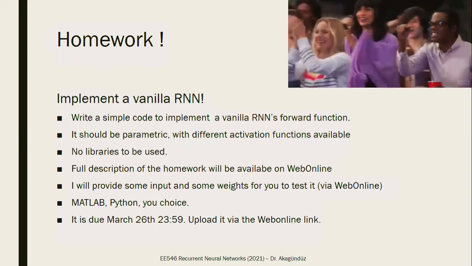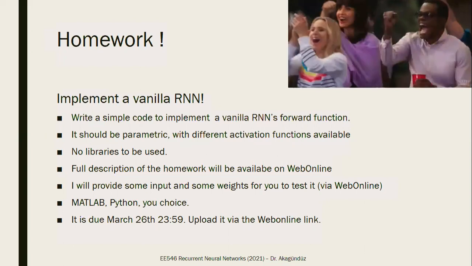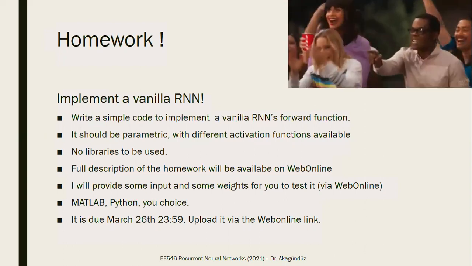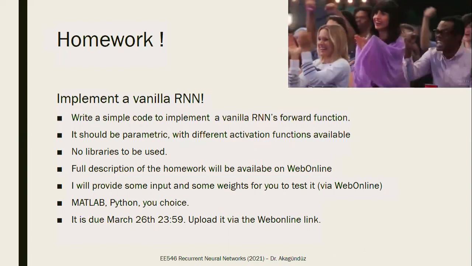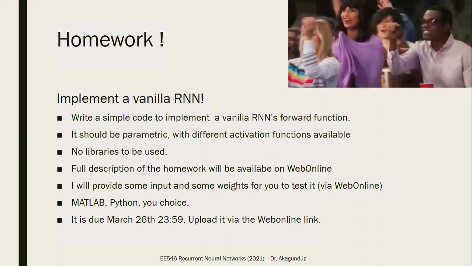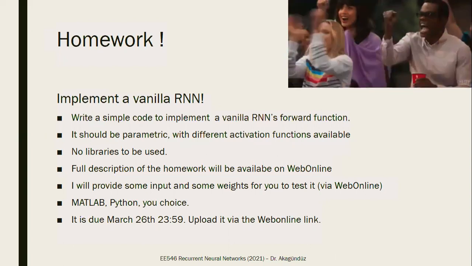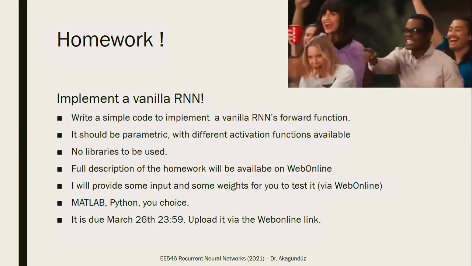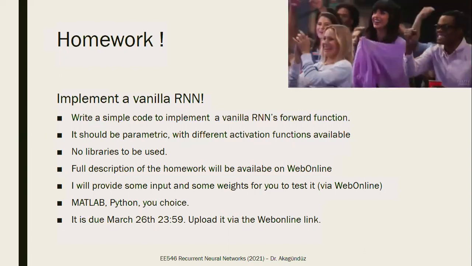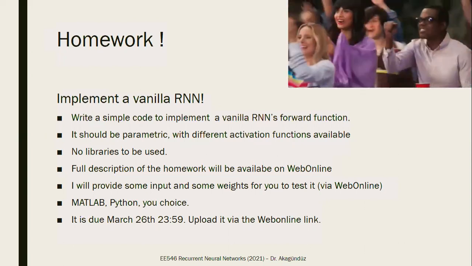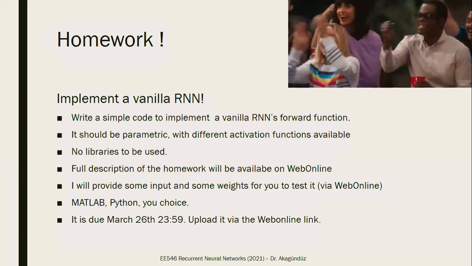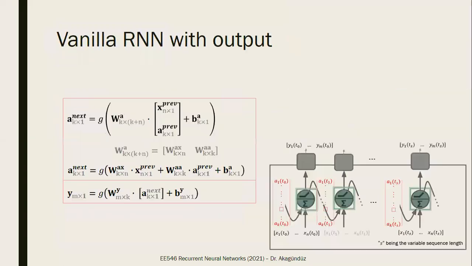Using this implemented RNN, I'm going to ask you to implement a simple network in which you detect or classify the length of the sequence as odd or even. I repeat, so let's try to understand this problem.